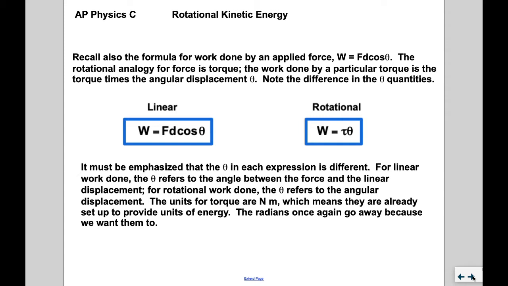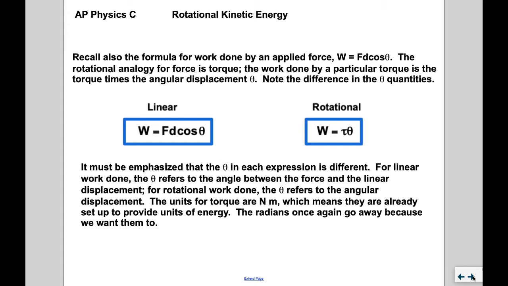We need to emphasize the difference in theta for each of these expressions. For linear work done, that theta refers to the angle between the force and the linear displacement. In the rotational case, theta refers to the angular displacement of the rotating object.